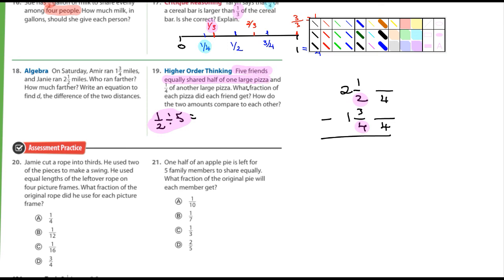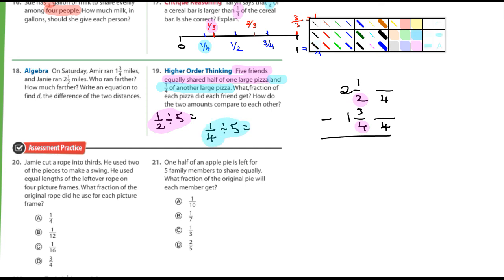Okay? And then 1/4 of another large pizza. All right, so I'm going to just highlight that in blue. And then 1/4 of another large pizza. So I'm going to come over here and do 1/4 divided by 5 equals. And that one's going to answer that question.